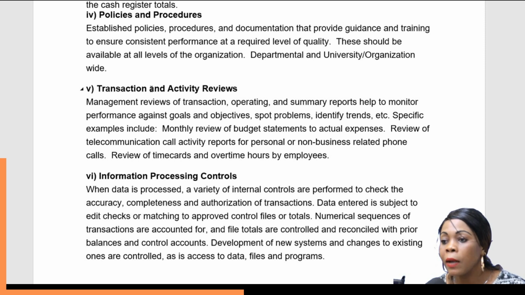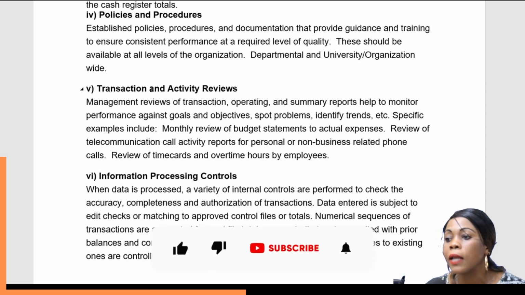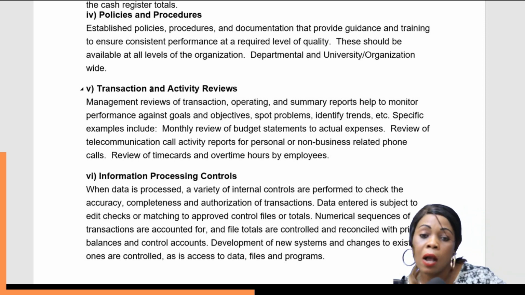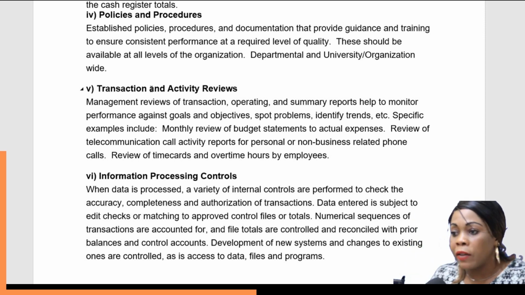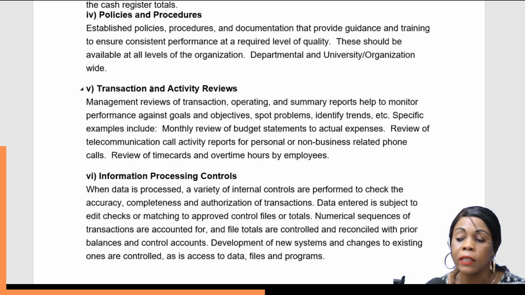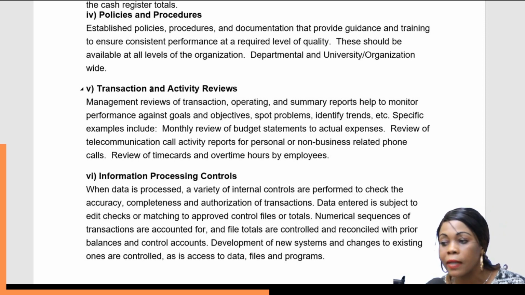Another point is transaction and activity reviews. Here, the management reviews of transactions, operating and summary reports help to monitor performance against goals and objectives, spot problems, identify trends, and so on.